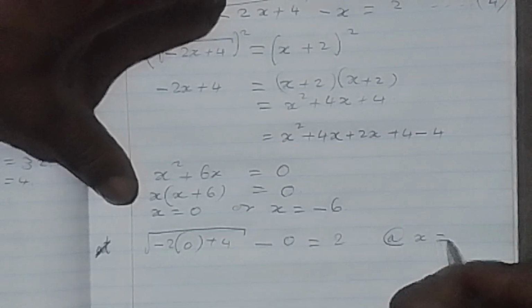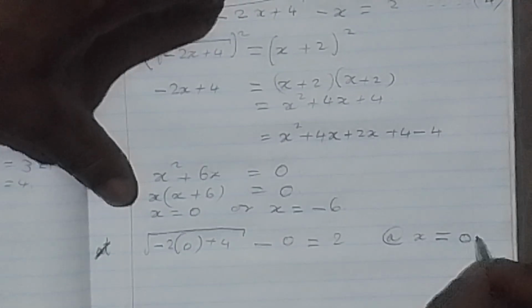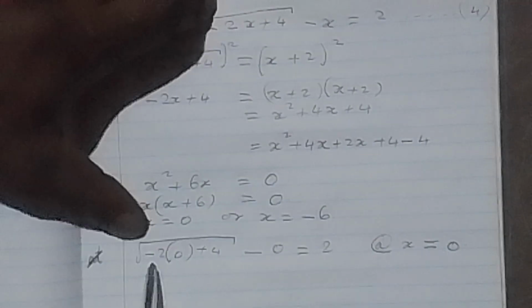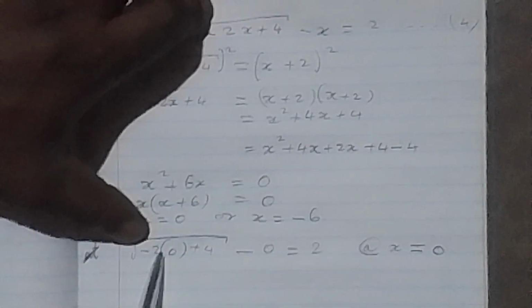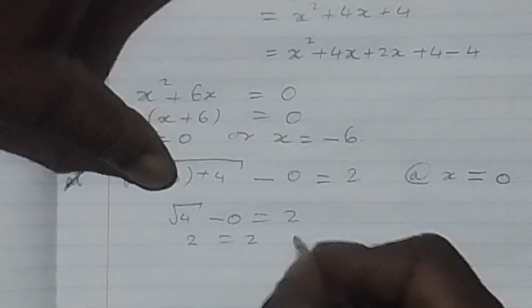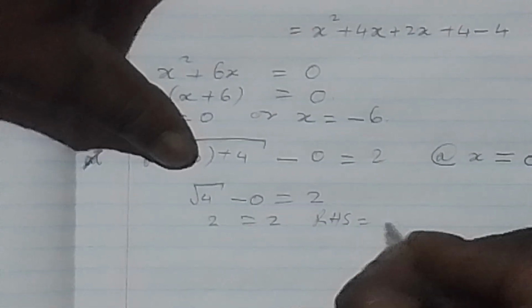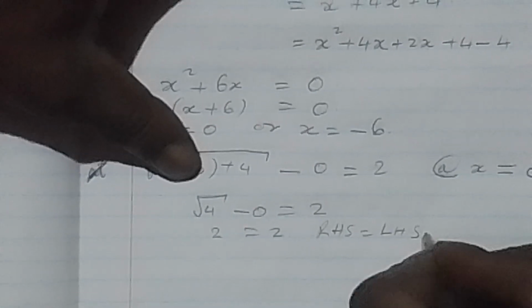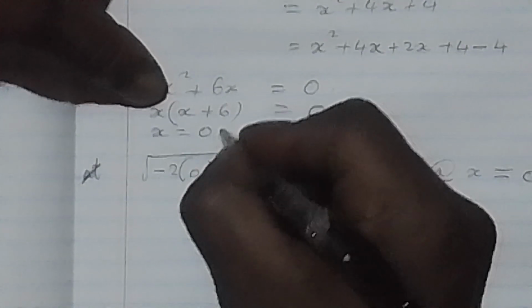At x equals 0, 2 times 0 is 0. We are left with the square root of 4 minus 0 equals 2. The square root of 4 is 2, so 2 equals 2. Then the right hand side equals the left hand side. Then this fits, you check it.